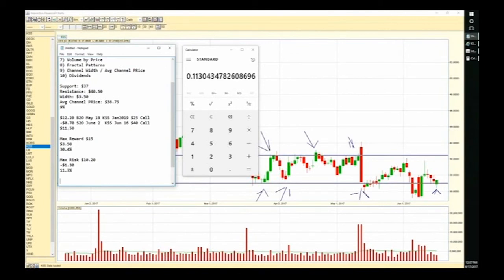So for instance, if we have 2% of our portfolio at risk at any one time, that's equal to the risk that we put into our trade times our position sizing. And that tells us we can put about 17.5% of our portfolio into this trade.